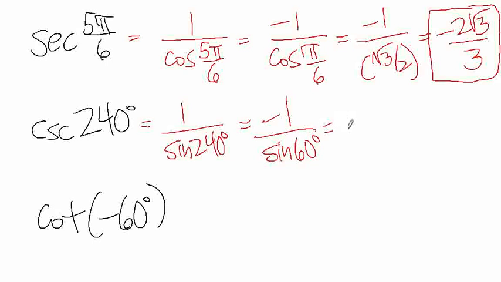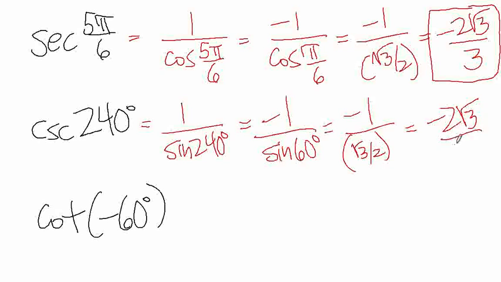And then the sine of 60 degrees is, excuse me, square root of 3 over 2. So let me make that correction. Then we have the same thing we had before, in other words, for the last exercise, minus 2 root 3 over 3.